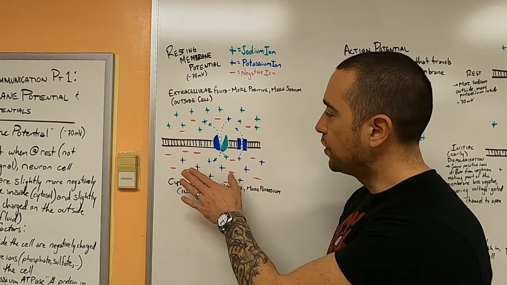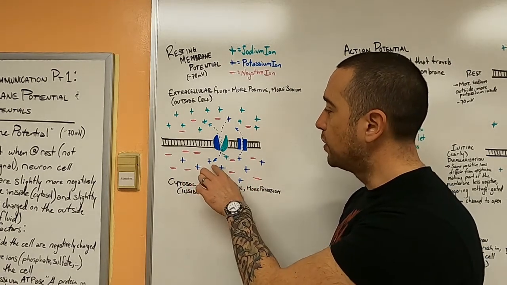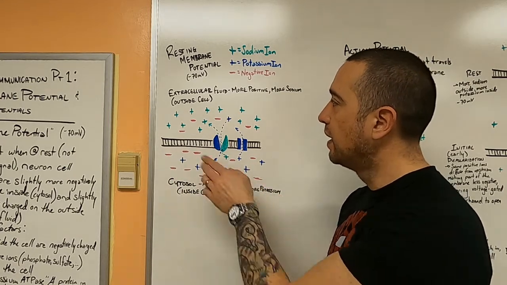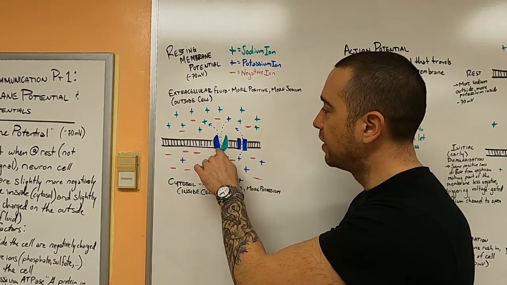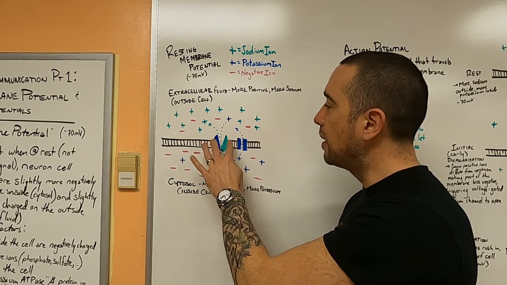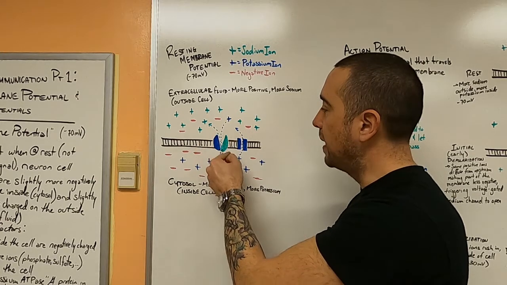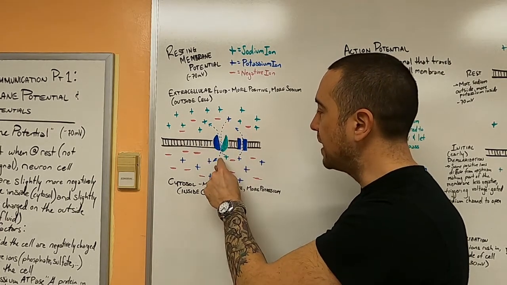I took care to put specific amounts of each of these on here. So notice the blue pluses, the potassium ions, are in high concentration inside the cell, and there are a lot of sodium ions on the outside. This half blue, half green protein is in the cell membrane, and that's the sodium-potassium ATPase. It is pumping out the sodium and bringing in the potassium.